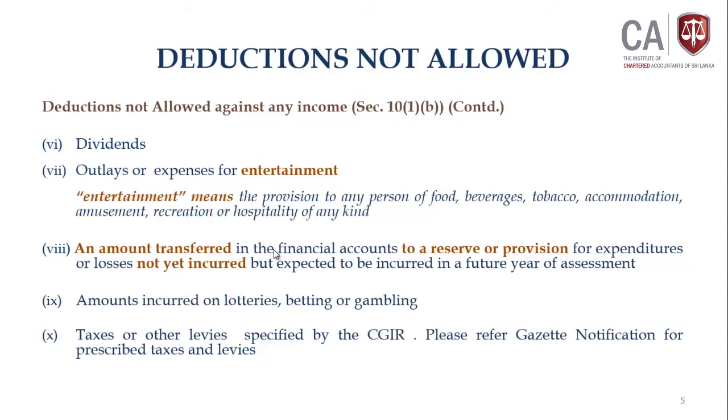So, the answer is, yes, the expenses are disallowable if specified by the Commissioner General in the Gazette. I would like you to go through the Gazette, it is already downloaded. If you look at the Gazette, I think the prescribed tax or levy is the value added tax on financial services, applicable to banks and financial institutions.